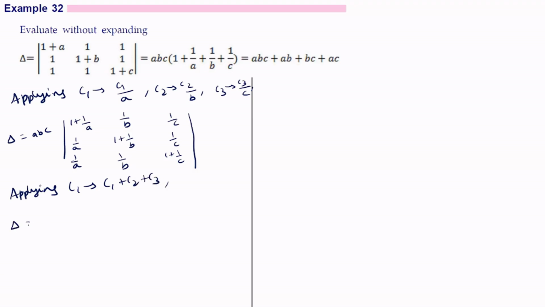So we get delta as ABC into 1 plus 1 by A plus 1 by B plus 1 by C. Here also it will be 1 plus 1 by A plus 1 by B plus 1 by C, and here again 1 plus 1 by A plus 1 by B plus 1 by C. The other columns remain the same.